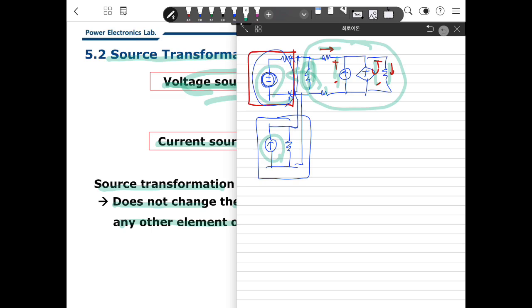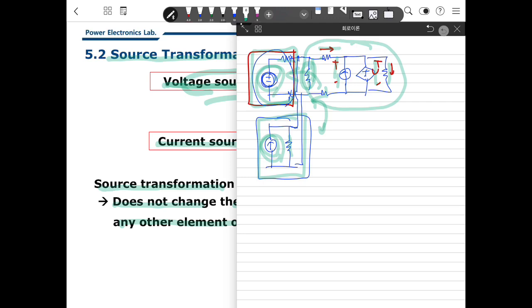Then you can say this source is equivalent to this source. That means you can change this voltage source and series resistor to the current source and parallel resistor. So between two circuits, you can transfer. We call that source transformation.